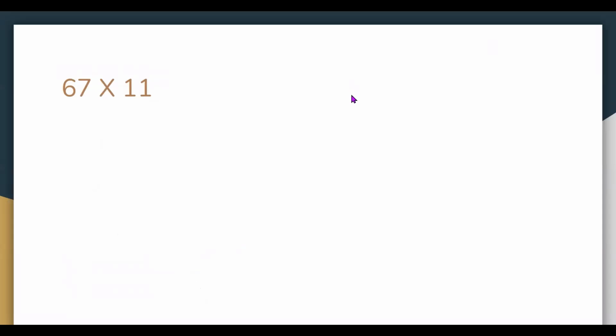Now here, it's the same process that we have to do, but there's a small difference. So just watch carefully what we have to do. The same thing, we split this into 6 and 7, and then we add them. When we do 6 plus 7, we get 13. Now we cannot write 13 over here because it's a two-digit number.